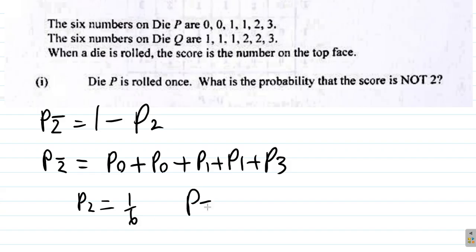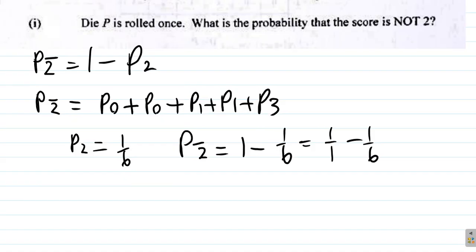So the probability that it is not 2 is 1 minus 1/6. We have to do some fractions here now. Use common denominators. 1 is the same as 6/6. So it's 6/6 minus 1/6, which is 5/6. So that will be the probability that it is not a 2.